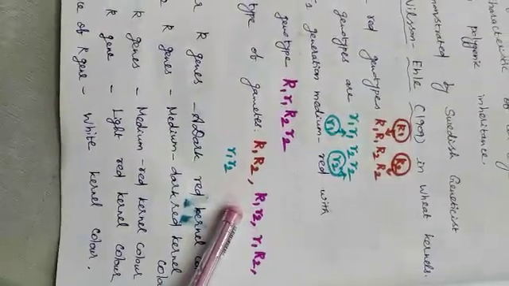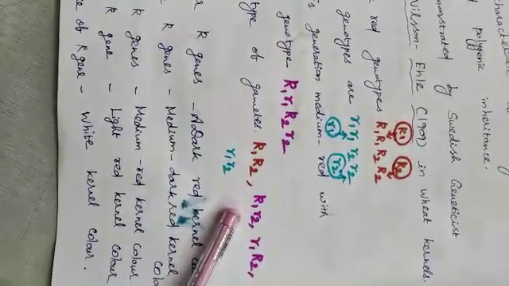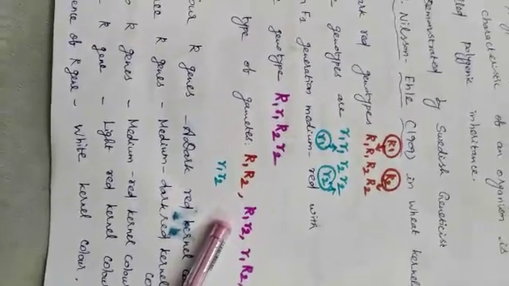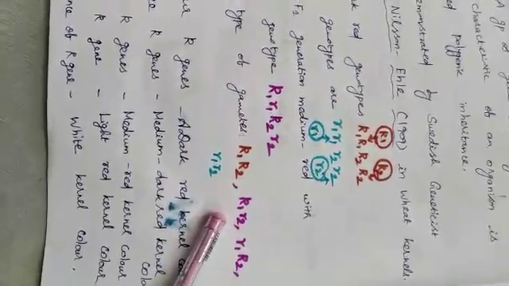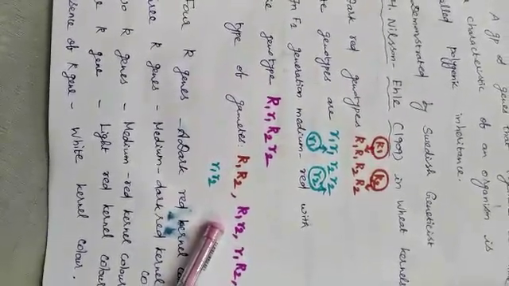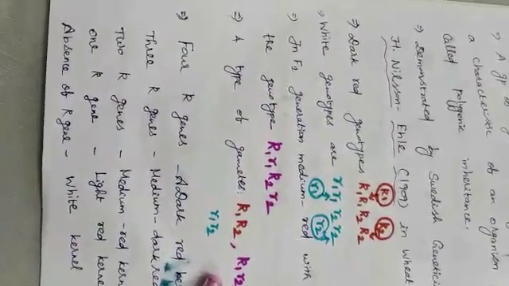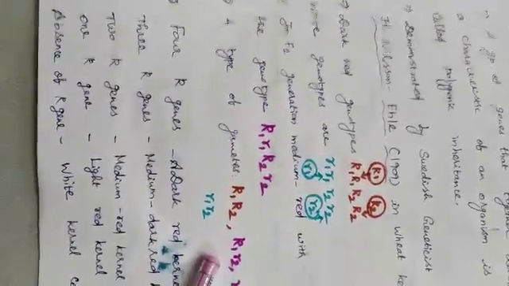Out of 16 in the F2 generation, many shades of red color are produced, which is responsible for the intensity of the red color.